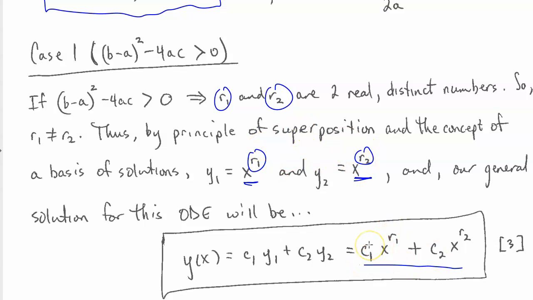So our general solution for an EC equation, which is an abbreviation for Euler-Cauchy, is going to look like what you see here. Okay. And again, that's just c1 times x raised to the first solution plus c2 times x raised to the second solution.